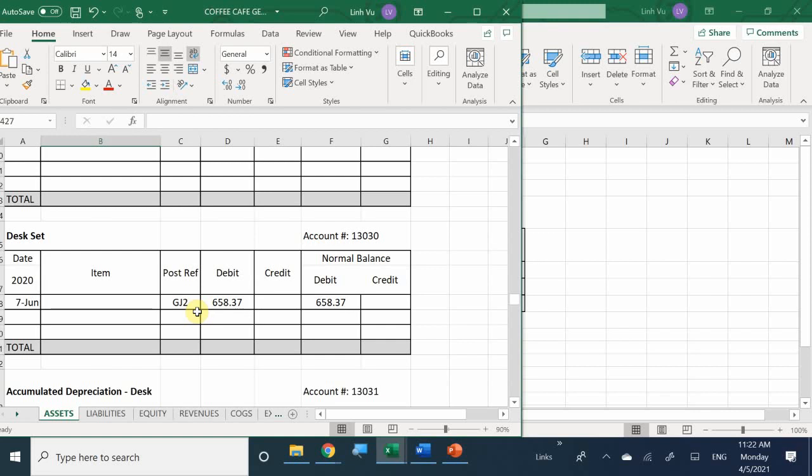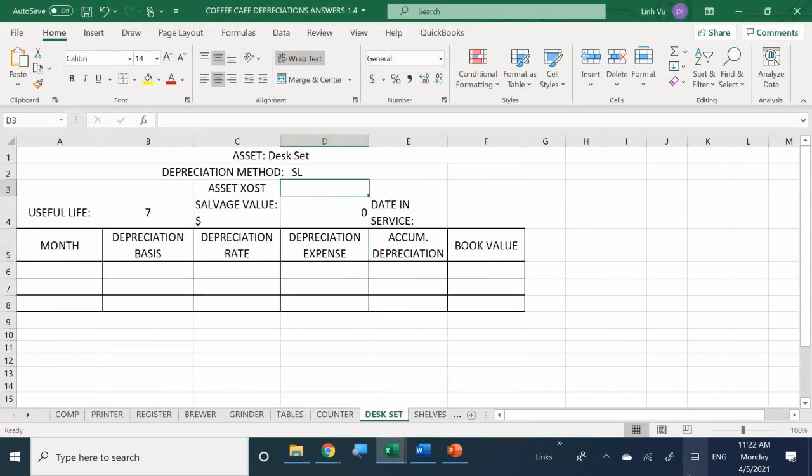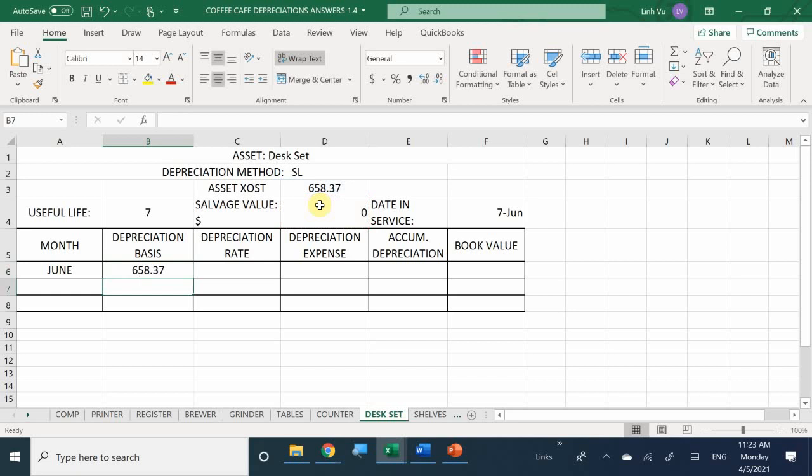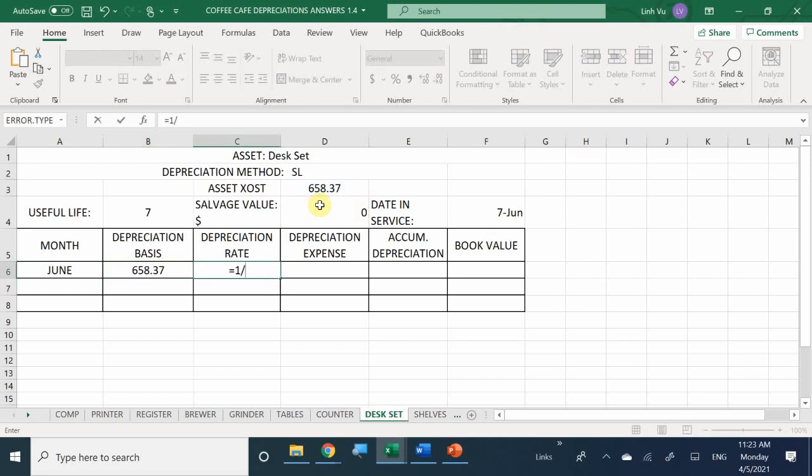When did we purchase this and how much did we purchase it for? 658.37, and we purchased it on June 7. Once again, depreciation basis is going to be asset minus salvage. Your rate should be 1/7.